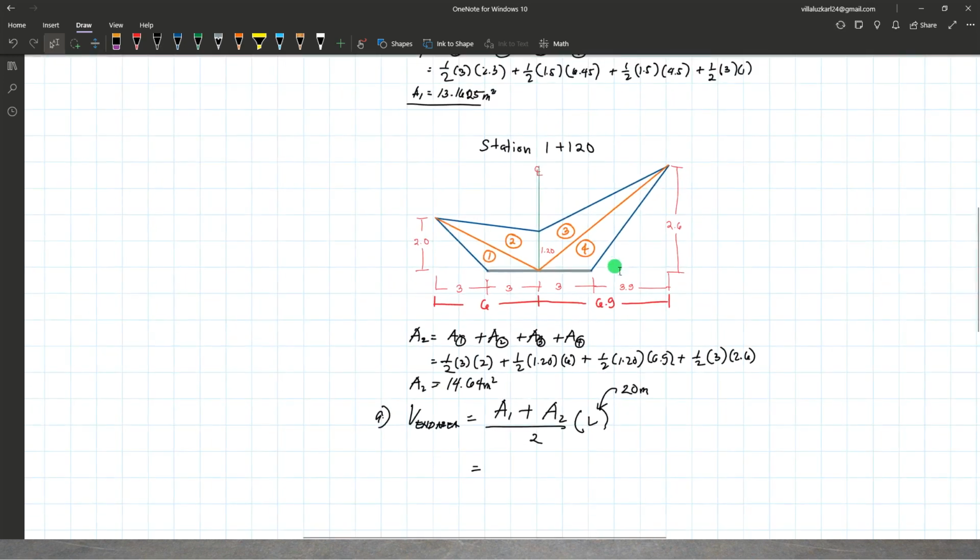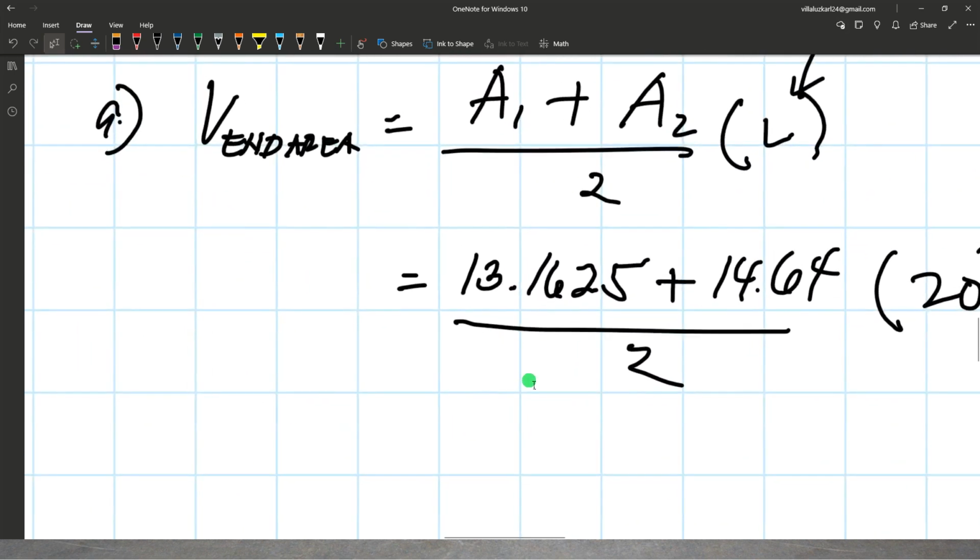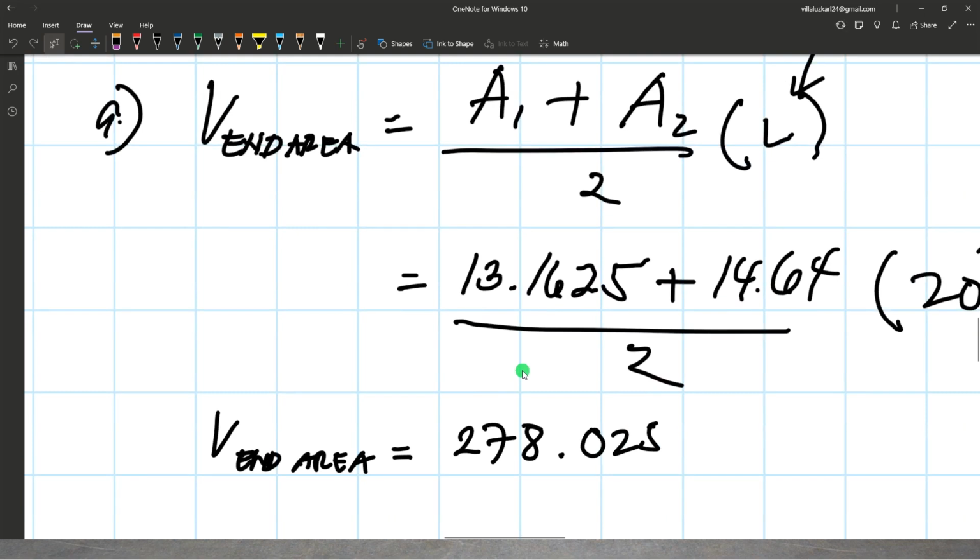The computed areas are 13.1625 plus area 2, 14.64, divided by 2 times L, which is 20. So the volume for end area is equal to 278.025 cubic meters. That's your answer for letter A.